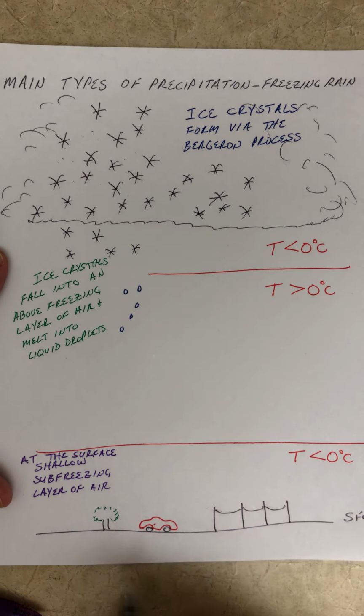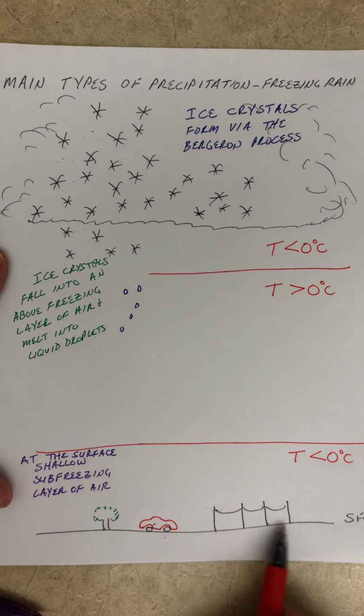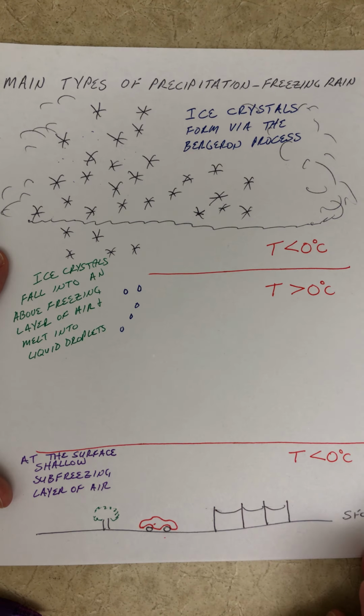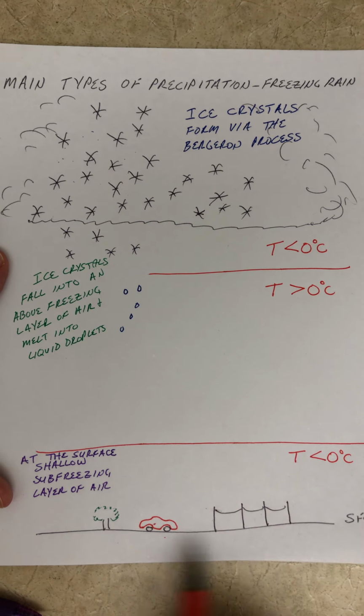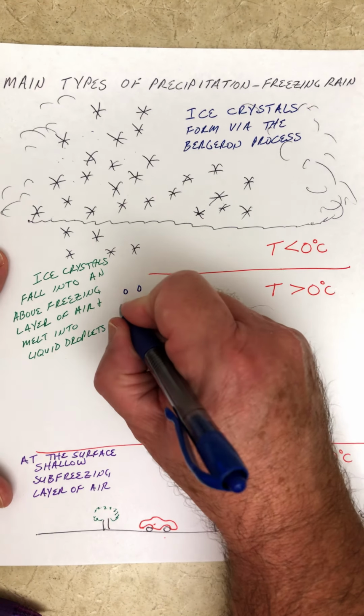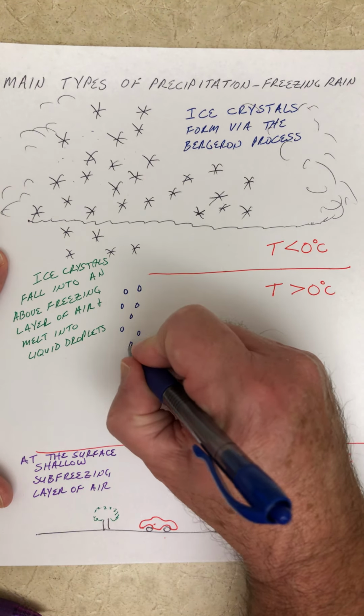Okay, and so that means that everything at the surface, this tree, yes, this is a car, this car, these power lines or telephone lines are all at the same temperature as the air. So all of these objects at the surface are going to be at temperatures below the freezing point. Okay, so we have the raindrops now.